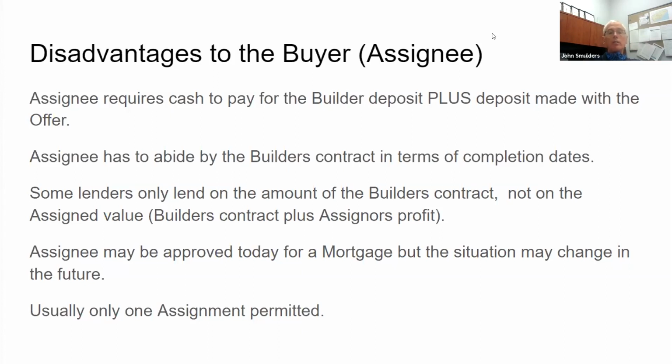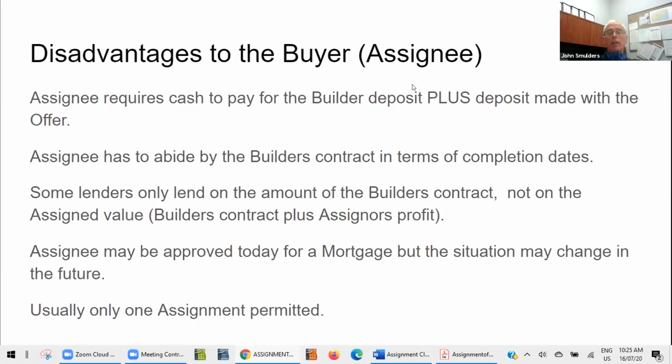The question is, would the mortgage depend on current market price and appraisal? The answer to that is a little bit of both, actually, Kirti. That is why some lenders will only lend on the builder's contract, because the lender feels that that is market value.